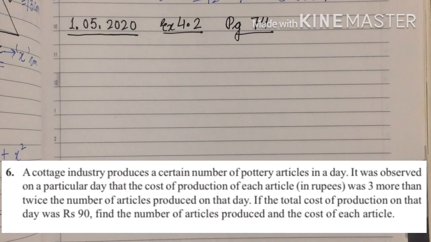If the total cost of production on that day was 90 rupees, find the number of articles produced and the cost of each article. Now the two things which you have to find out, there is a relation given between them. The relation given will be used to let those values, and the total cost of production will be used to make the equation. Let's write down.